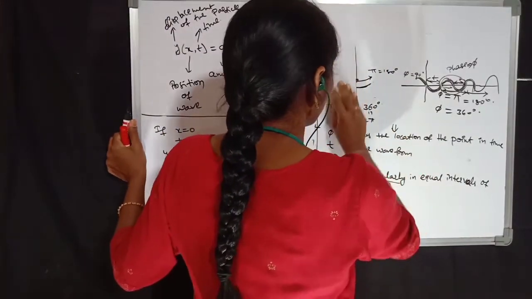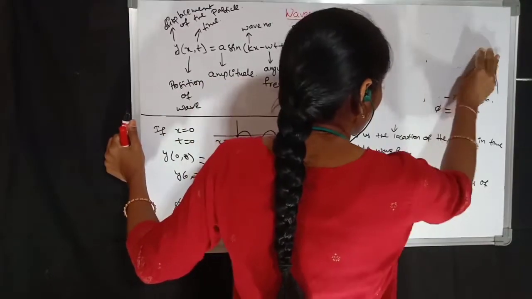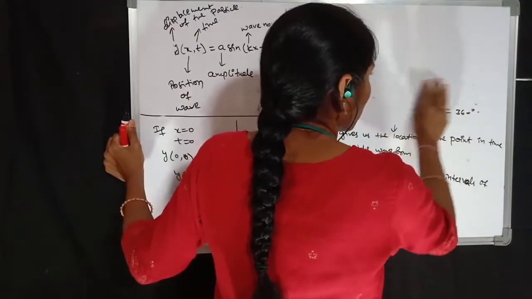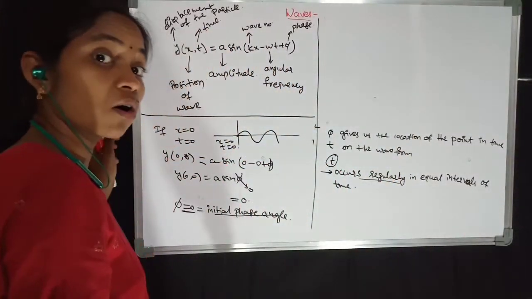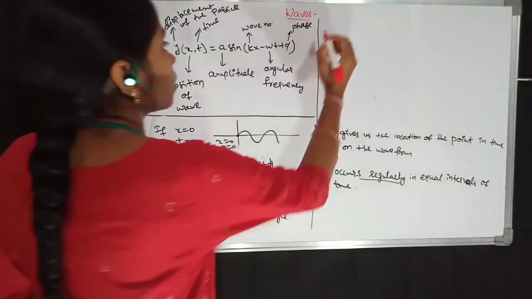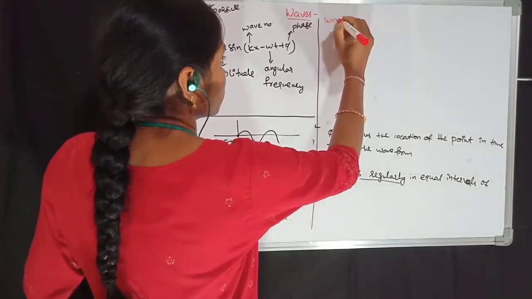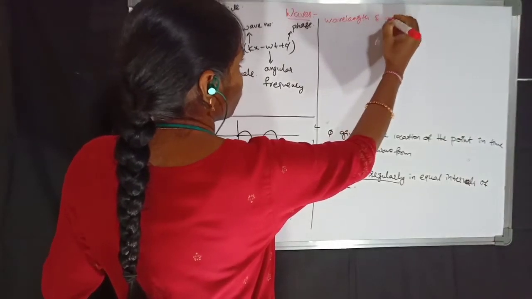Phase is nothing but the distance covered by the particle or the wave to complete one oscillation or one cycle of a wave. Okay, and coming to our next topic, wavelength and wave number.